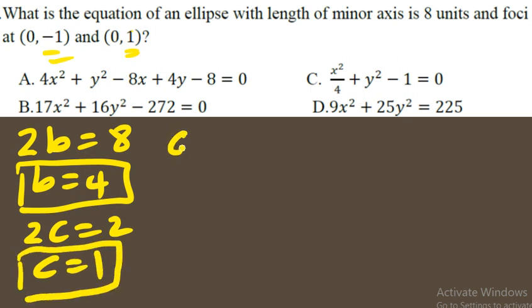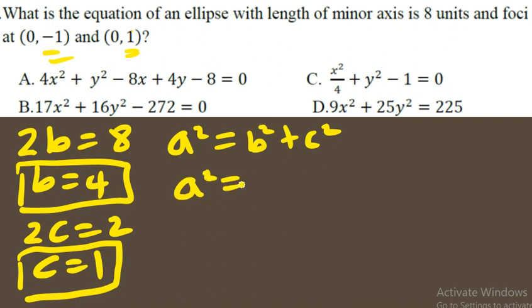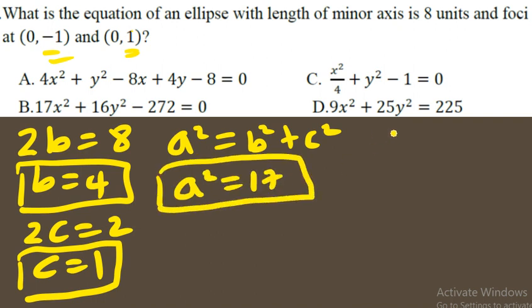And to get a square, in an ellipse it is b square plus c square. That means b square, 4 square, is 16, plus 1 is 17. So a square is equal to 17. You have everything now. The center, h comma k, is 0, 0. So what's the equation of the ellipse?